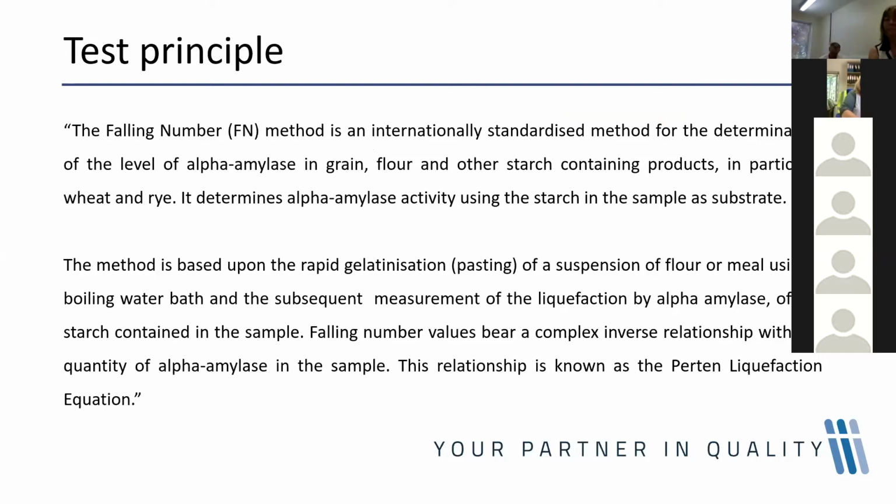So the method is based upon the rapid pasting of a suspension of flour or meal using a boiling water bath and the subsequent measurement of the liquefaction by alpha amylase. So falling number values bear a complex inverse relationship with the quantity of alpha amylase in the sample, and this relationship is known as the Perten liquefaction equation.